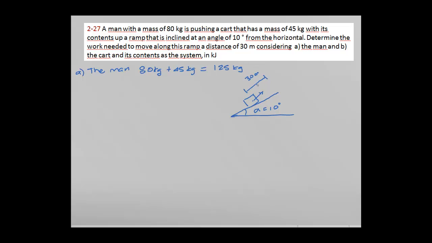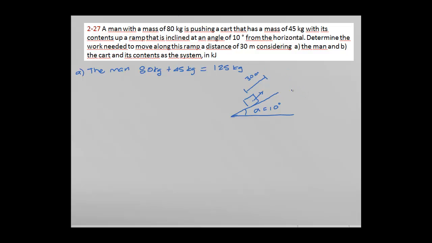Remember that the force that we need to apply is to overcome the component of the weight in this direction. So let's do a diagram here just to find out the proper force to overcome.